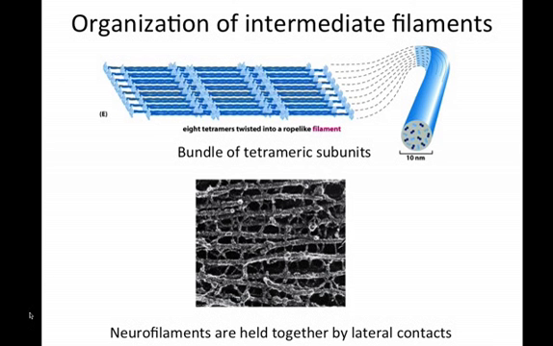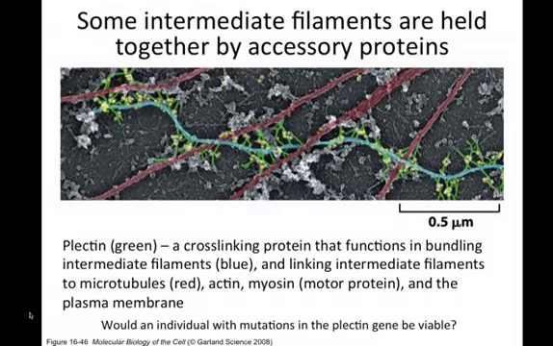They're held together by different lateral contacts, and they also have accessory proteins that help to organize the intermediate filaments. Here we're showing plectin, in green, a cross-linking protein that functions in bundling intermediate filaments, which are in blue, and linking the intermediate filaments to microtubules, actin, myosin, and the plasma membrane.